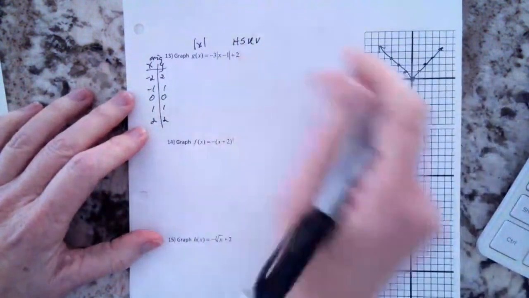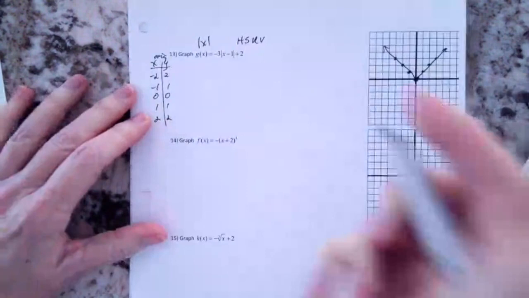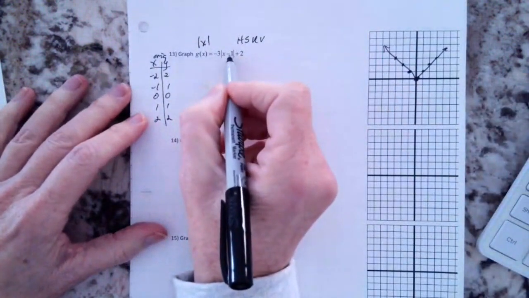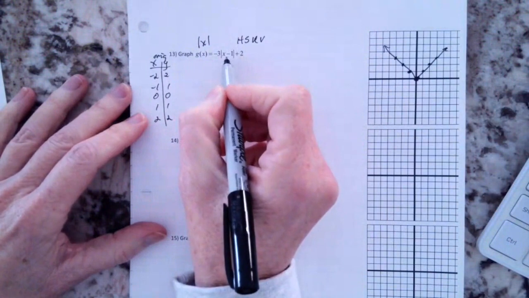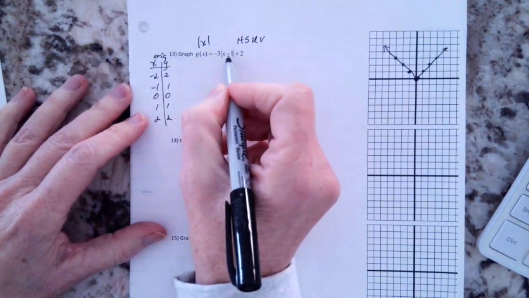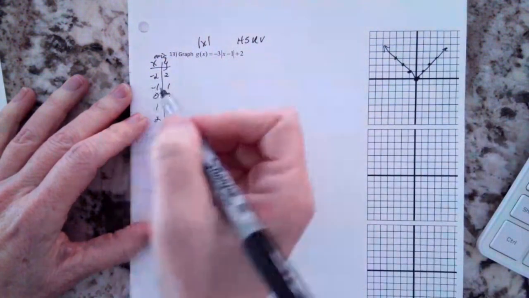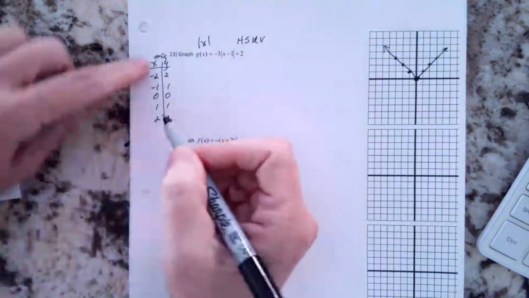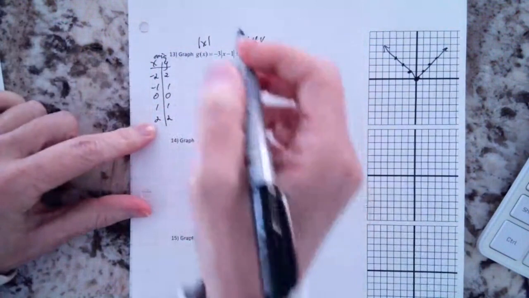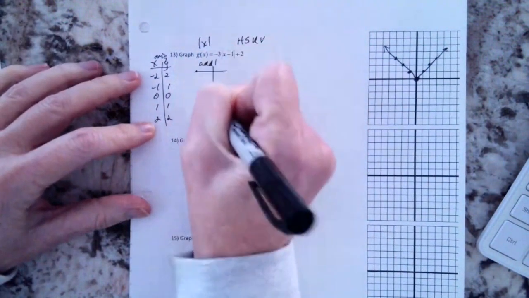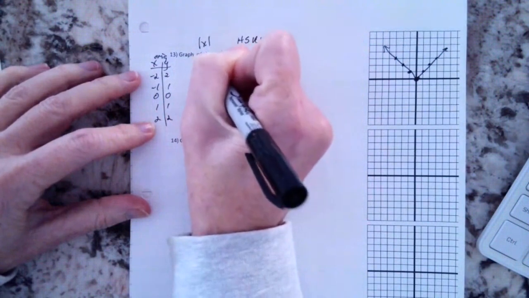Okay, the first thing we're going to do is the horizontal shift on this. The horizontal shift is always in here within the structure of the function. So it says x minus 1, so you know that's going to be adding 1 to the x points. That's the only time we're going to deal with the left-hand column here. So let's add 1 to each of these points.